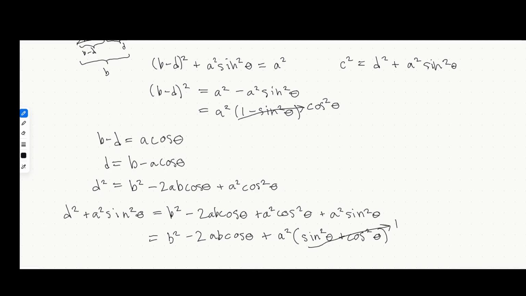And so, because we know that d squared plus a squared sine squared theta is equal to c squared, and we've gotten 1 here, then let's just rearrange the terms. We have a squared times 1, plus b squared minus 2ab cosine theta.